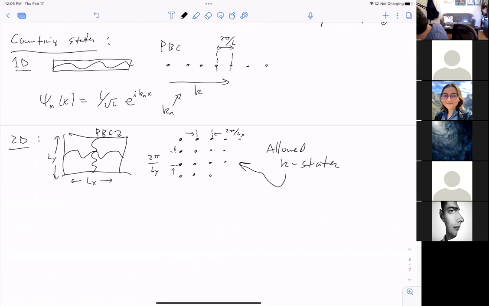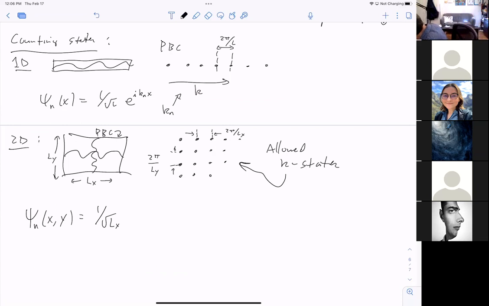But every one of those dots represents a quantum mechanical state. So now we can write the eigenstates like this in 2 dimensions. The eigenstate psi_n is going to be a function of x and y, and this is sort of a simple way to do it. You can just take the x eigenstate and the y eigenstate and multiply them together.